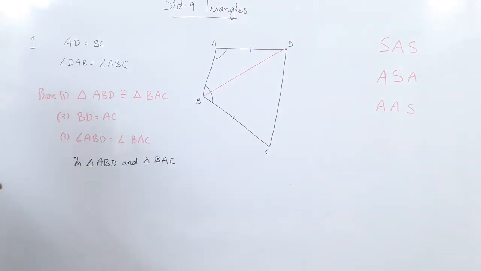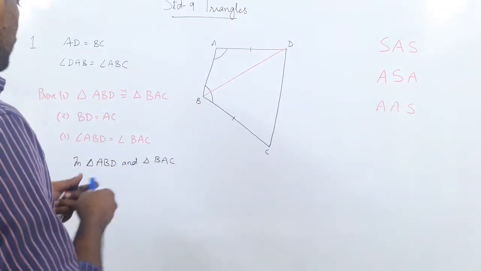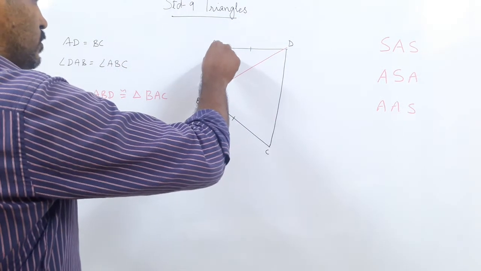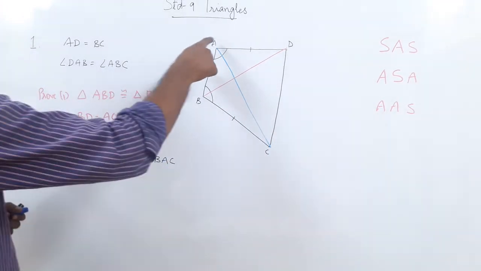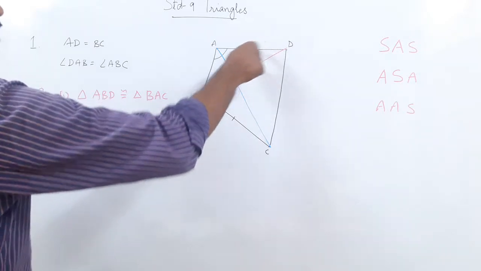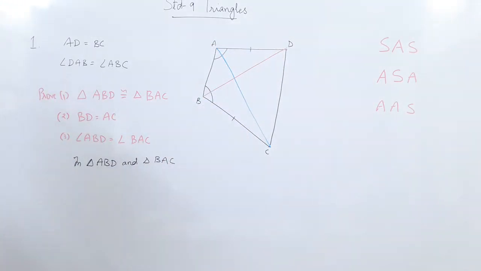See which triangles I have taken. I have taken the same triangles they have named for me. ABD, and BAC. Okay? So I have got ABD, the two black lines and the red line, and BAC.